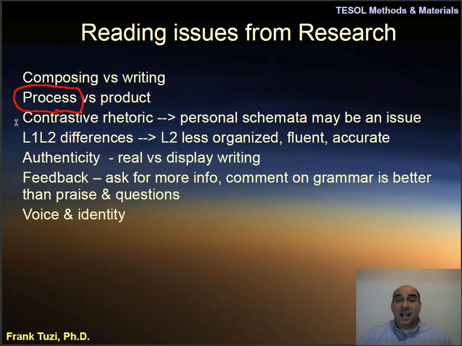In American English, for example, the writing style is rather direct. The typical writing style is, I'm going to tell you what I'm going to write about, or I'm going to tell you what I'm going to talk about, and then I'm going to talk about it, and then I'm going to conclude by telling you what I talked about. Look, for example, at this little presentation that I'm giving you. I begin with, hey, here's a summary of what we're going to talk about, and then I talk about it.